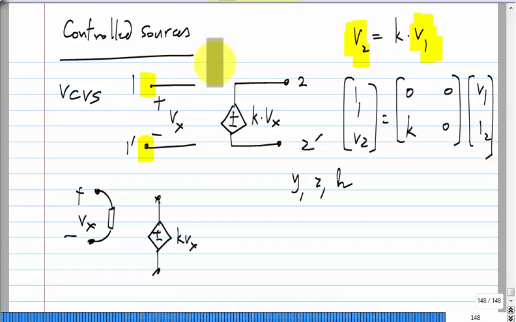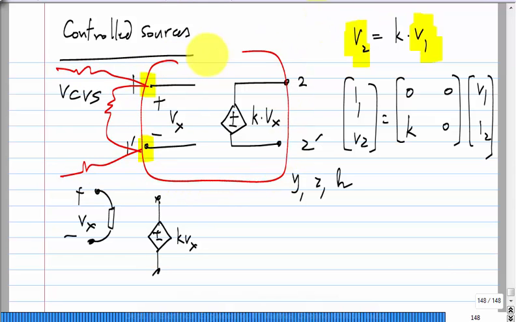There could be, who knows, something else connected here, outside of this. There can be a number of things connected here, but that is not part of the voltage controlled voltage source. So, the definition of the voltage controlled voltage source, it simply senses the voltage and then provides another voltage which is a scaled version of it. I will think about it, and we can discuss that further.